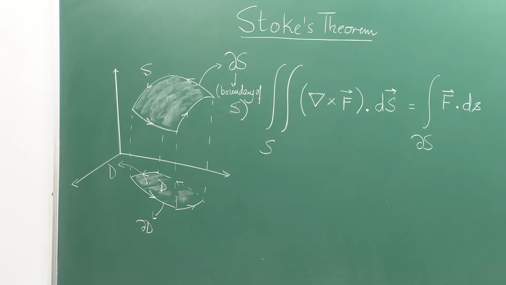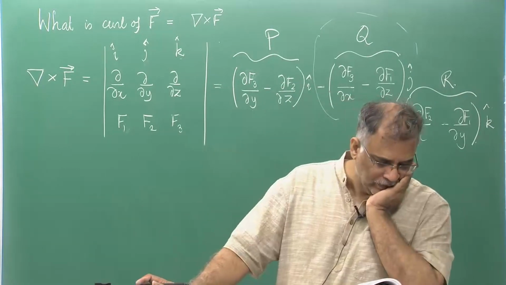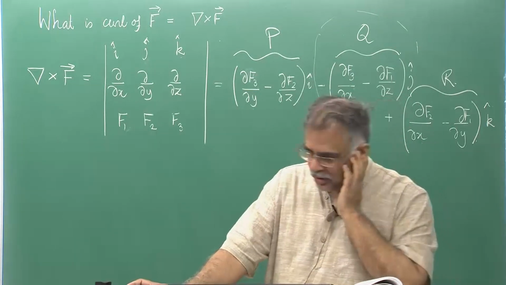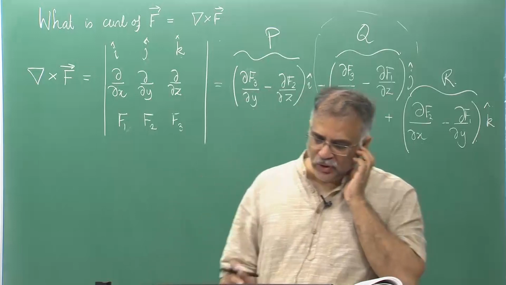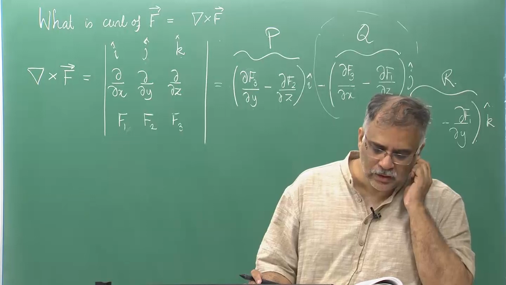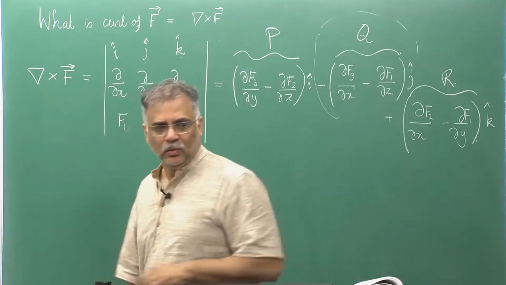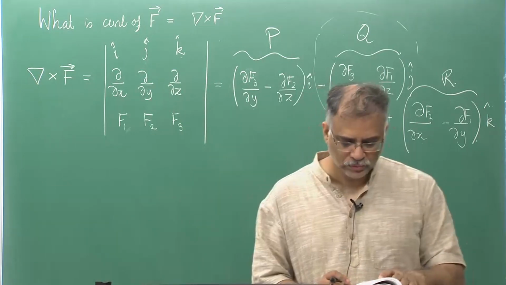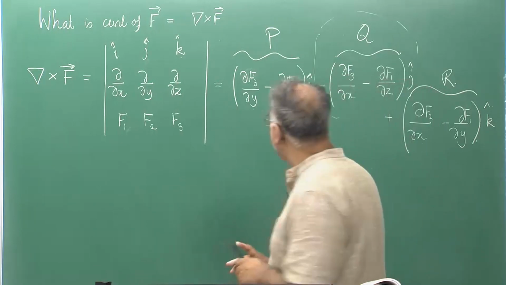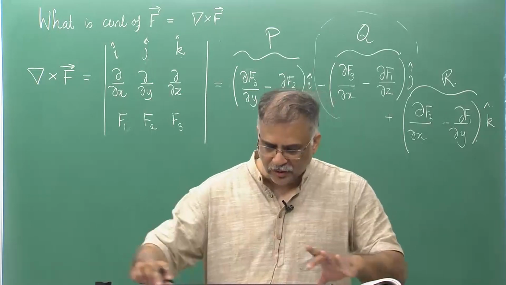Now here we will come to del D, and we will try to do something. We have now written down what the thing is for curl of f. So, it is done.